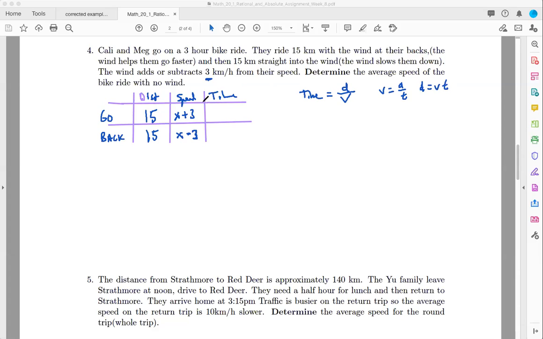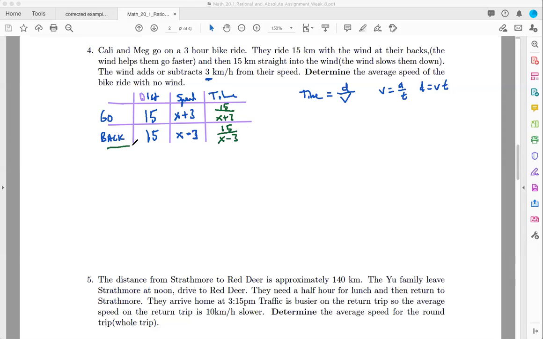And here is this relationship, and in the table you can kind of see it: if time is equal to distance divided by speed, then the expression for time is going to be 15 divided by x plus 3. That's the go trip. On the back trip, you have your time, which is going to be your distance divided by the speed at which you went. So that's x minus 3.